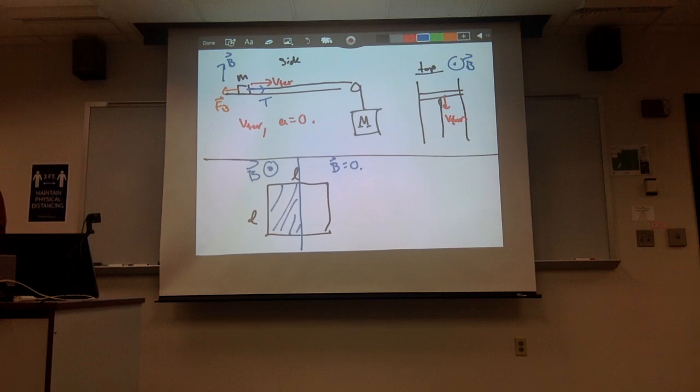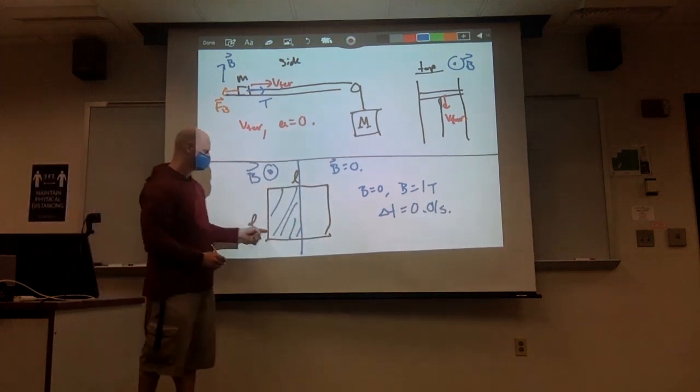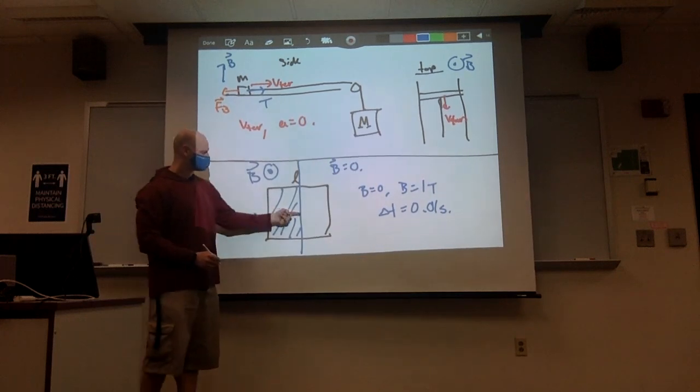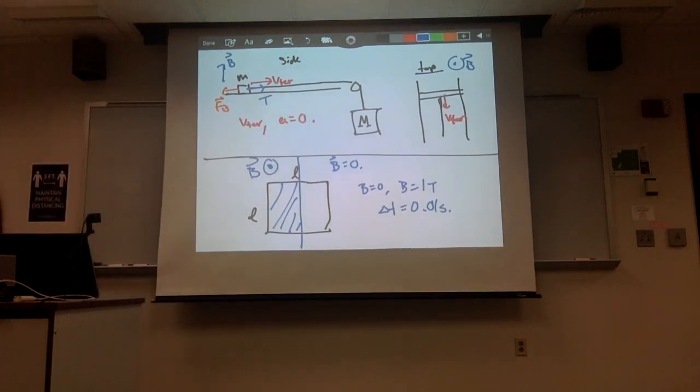So what's going to happen is, again, we're going to increase the current from here, causing the magnetic field to increase from B equals 0 to B equals 1 Tesla in a time frame delta T of 0.01 seconds. So what it's going to do is it's going to force a current to move throughout this loop here, which causes a force. In this case, I'll let you prove this to yourself.